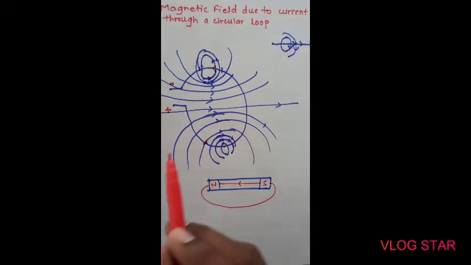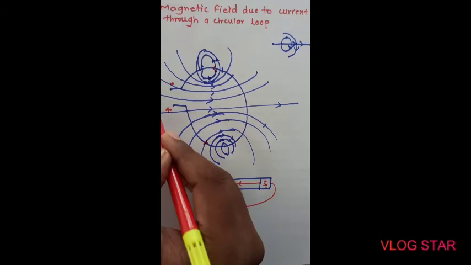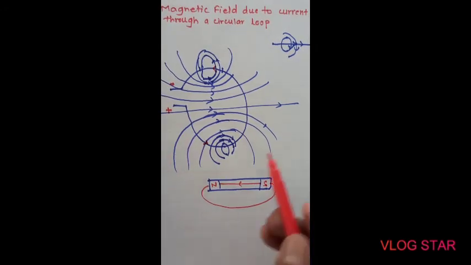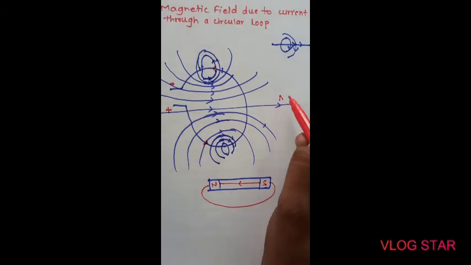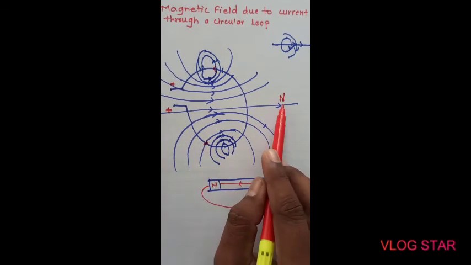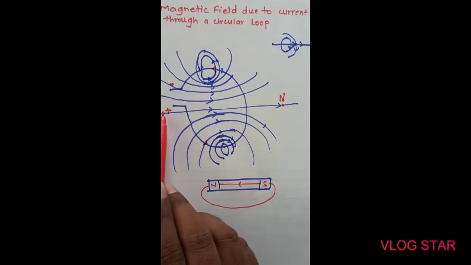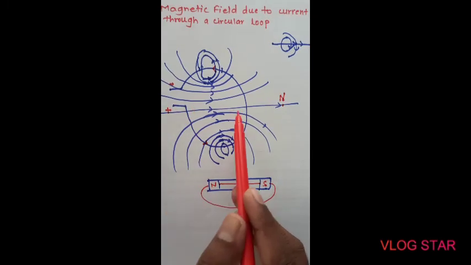So inside the loop, the direction is from south to north. So this end works as a south pole and this end works as a north pole. A single loop gets polarized whenever current flows through it, meaning it may work like a bar magnet.